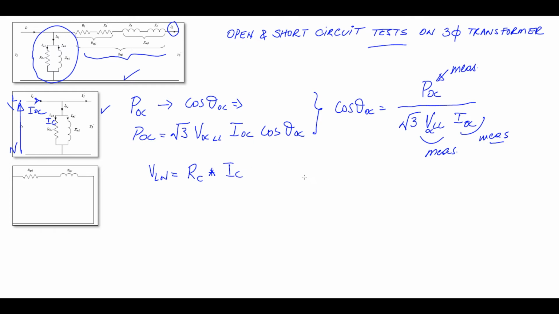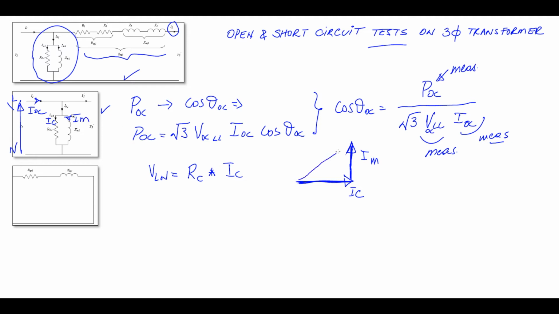So the phasor form of I open circuit will have this representation. This is IC in the core, circulating in the resistor, and the current in the inductance will be perpendicular to this vector. Let's say M for magnetization, this is IM.